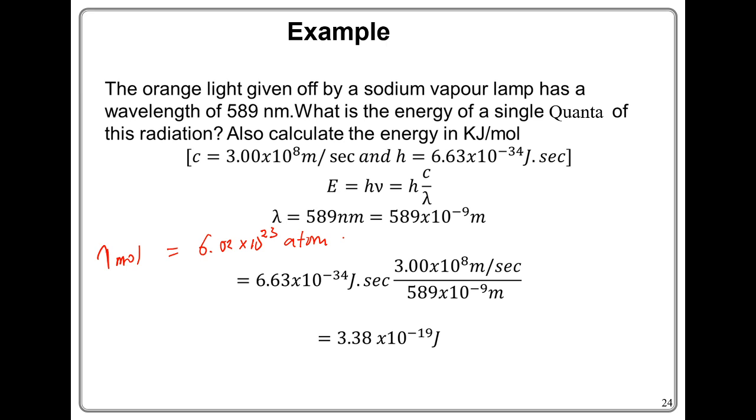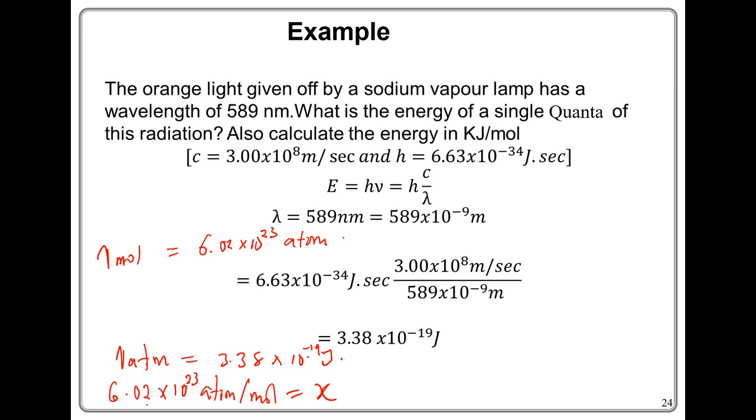Now from the previous equation, we know that one atom will be equal to 3.38 times 10 to the power minus 19 joules. What about 6.02 times 10 to the power 23 atoms per mole, equal to X? So you have one atom is equal to that. What about this number of atoms per mole?